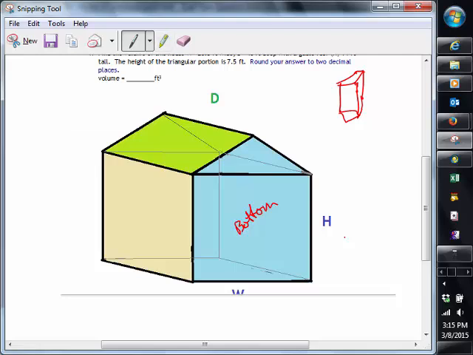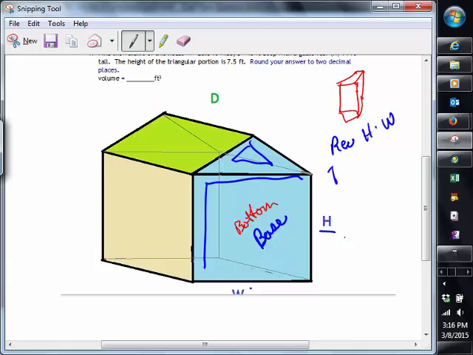So let's take the base of this thing, which is made up of two parts, this part here and this triangle up here. So the rectangular part is H times W, the triangle part is W times the height of the triangle, and then you got to take half of that.